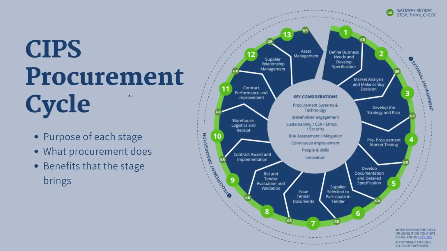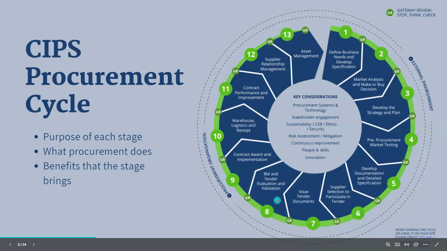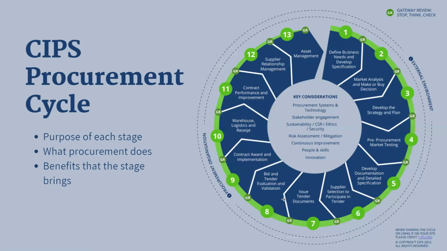We can solve the problem from several stages, like stage number 5, where we can specify the contract terms for delivery. Stage number 6, where we filter out the most competent supplier. Stage number 8, where we can award the contract to the supplier with the largest capability.